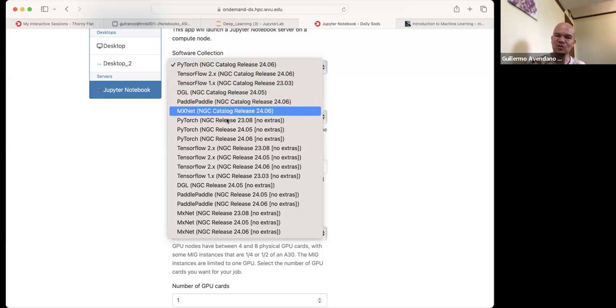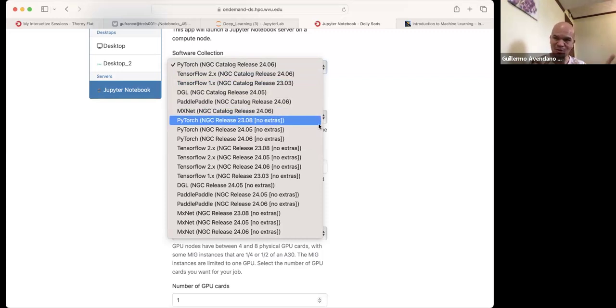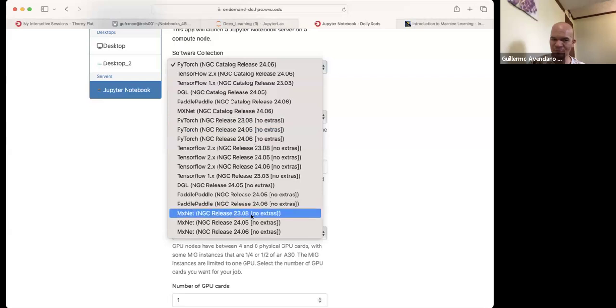If you want just the pristine, vanilla version, those are the ones here that say no extras. This is just the exact same image collected from the Docker recipe back into a Singularity image and stored here. And we offer older versions here as well. So that is the idea.